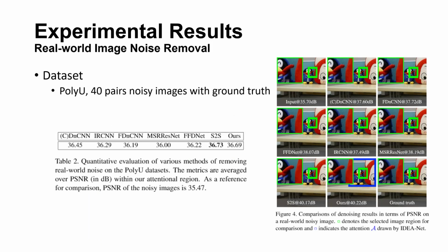The second task is real-world image noise removal. In this task, the PolyU dataset is applied. The results are summarized in this table here as well. From here, we can observe that our method outperformed all dataset-based methods, including the DnCNN, IRCNN, FDnCNN, and the DDF-net, as well as one of the super resolution-based methods, the MSR-ResNet.